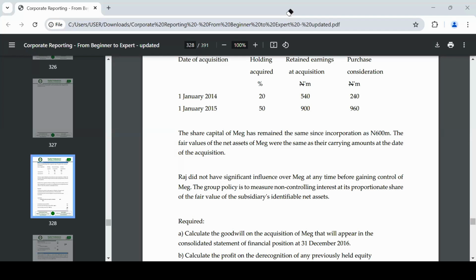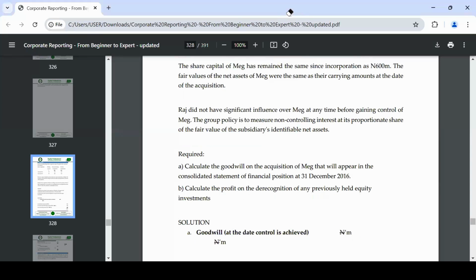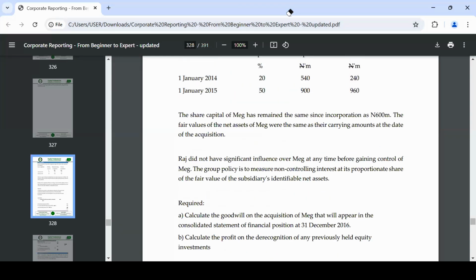B, you are required to calculate the profit on the derecognition of any previously held equity investment. Now, before we go into solving this question, it just occurred to me to quickly explain this.